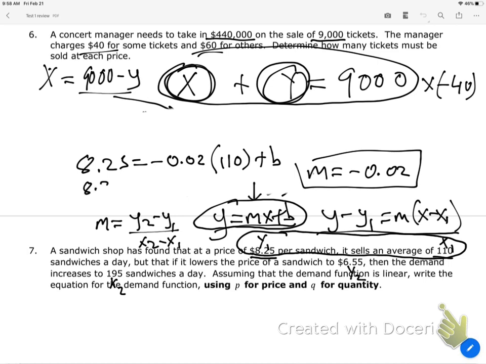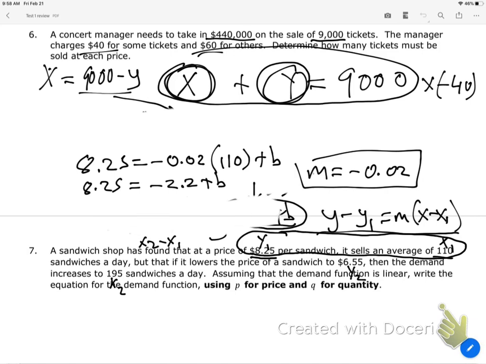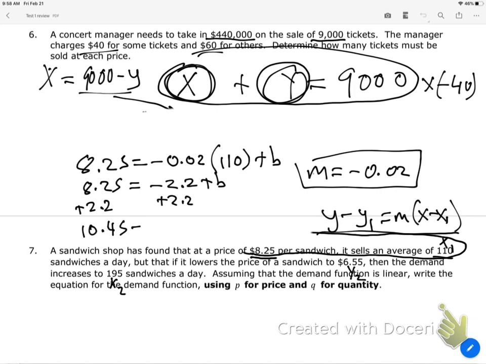Okay, so 8.25 equals, right, what's negative 0.02 times 110? That is negative 2.2. Okay. Right, so what we're going to do, we are going to add 2.2 to both sides. So what's that? 10.45 is b.